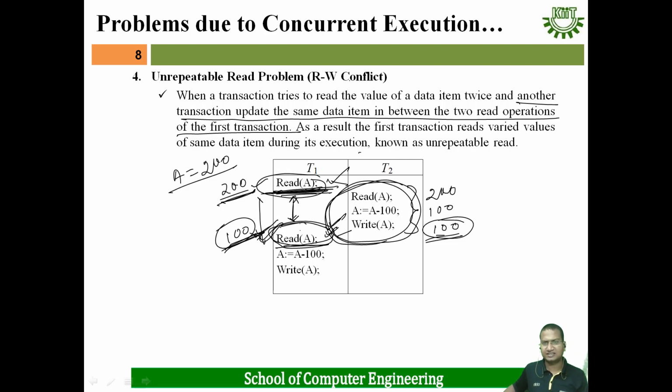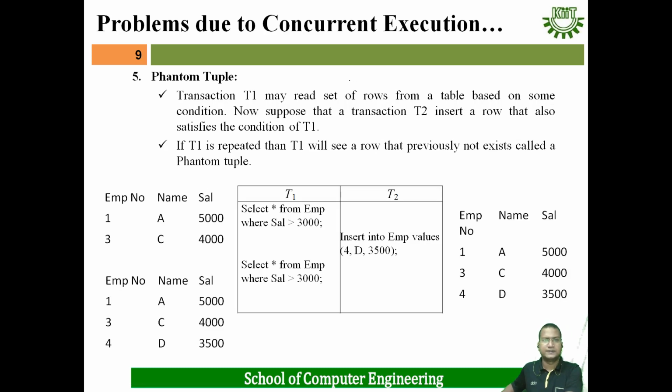Initially it read 200; the second time, after some time, it read 100. Varied values of the same data item during its execution is known as the unrepeatable read problem. And these are the problems that generally arise due to concurrent execution of transactions.